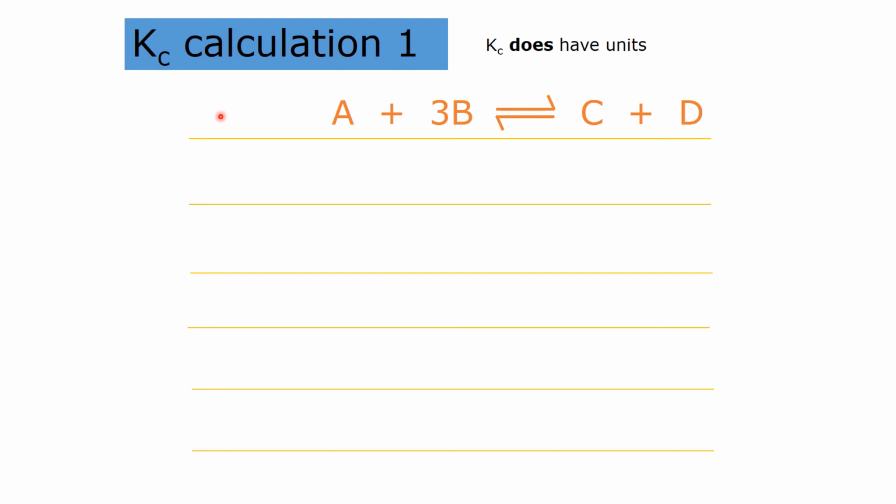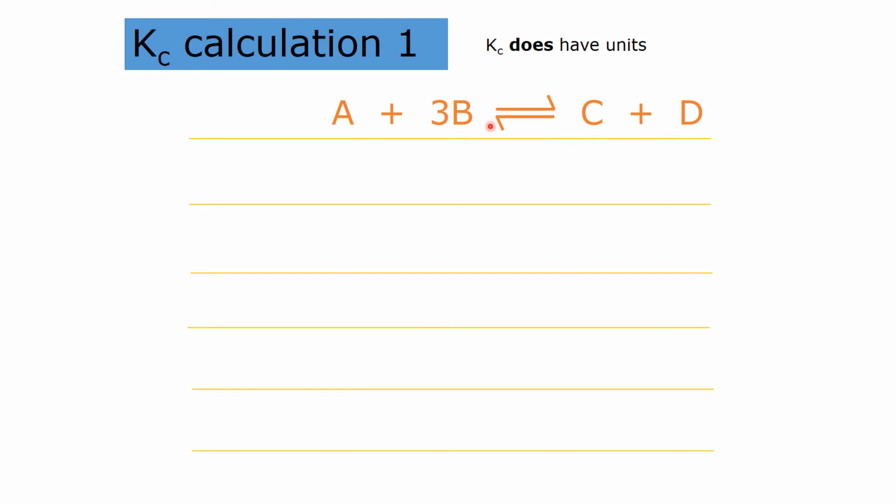The first thing is to look at this and to work out that Kc will indeed have units. The reason why Kc will have units is because you've got a non-equivalent number of moles on both sides. Here we've got 4 moles and here we've got 2 moles.